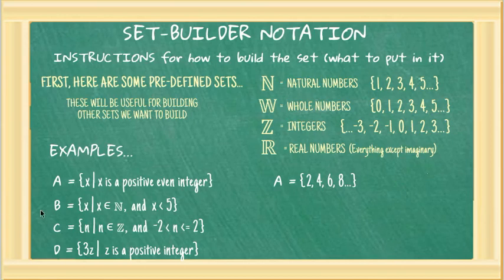Okay, let's look at another one. B, all X such that X is an element of the natural numbers. That little E looking thing means element of. That means X has to be in the group of natural numbers. So again, I look up here, it has to be a 1, 2, 3, 4, 5, 6, etc. But now I can have as many rules or stipulations or conditions as I want. So I've got another one here.